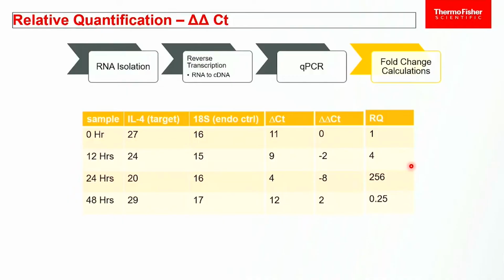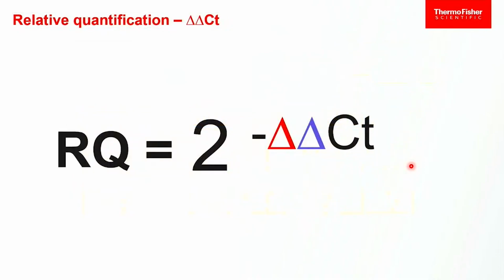After another 24 hours, at 48 hours, we now have a 0.25 fold change, meaning we had just 1/4 of that original expression level at time 0. That is how we interpret fold change and how we calculate fold change.